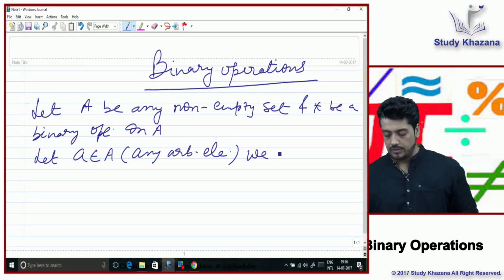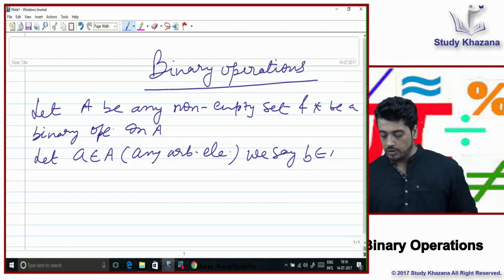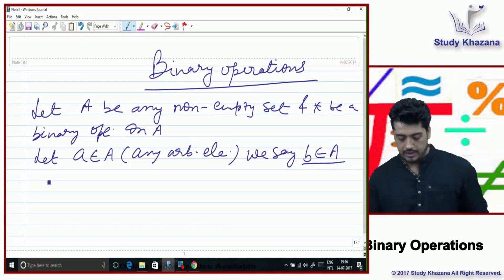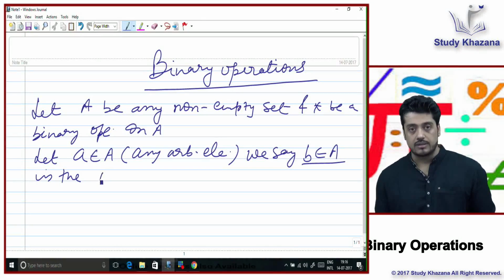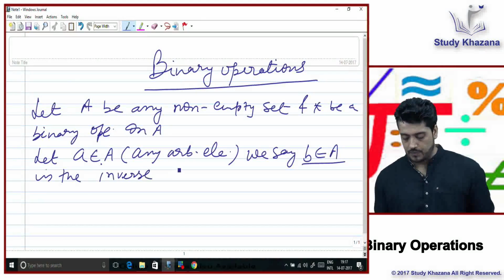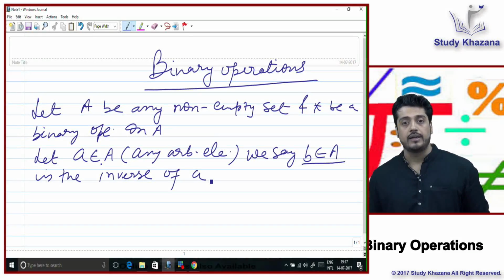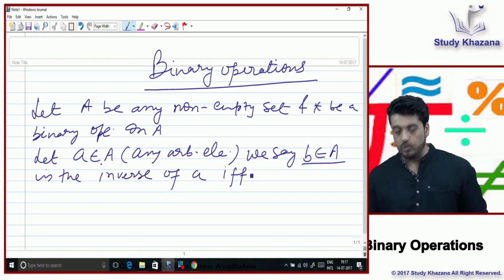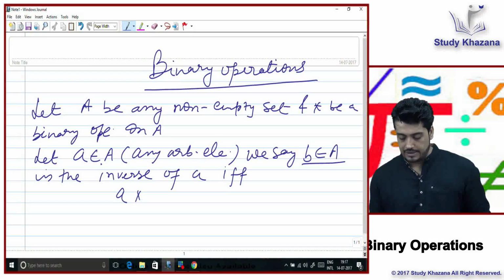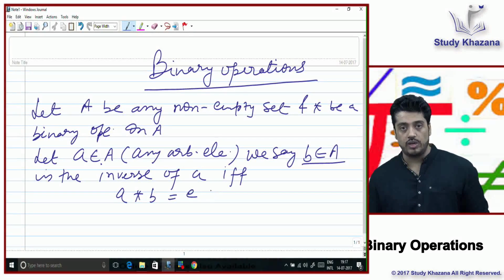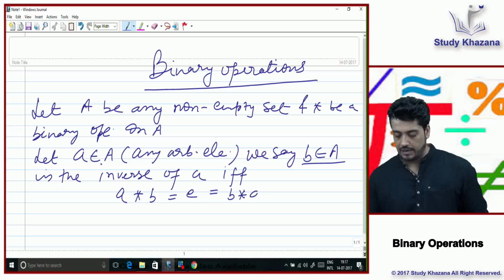We say b belongs to A is the inverse of a if and only if a star b is equal to e is equal to b star a.